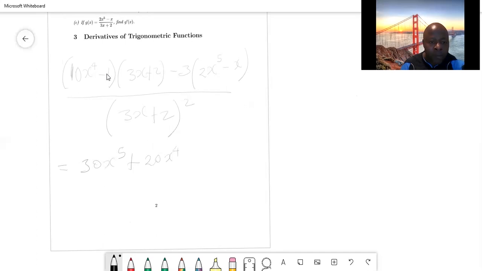There's a minus 1 here. So it will be minus 3x minus 2 minus 6 x raised to 5 plus 3x over 3x plus 2 squared.